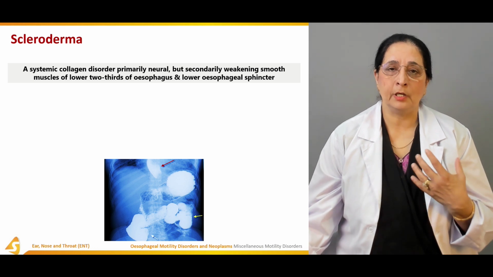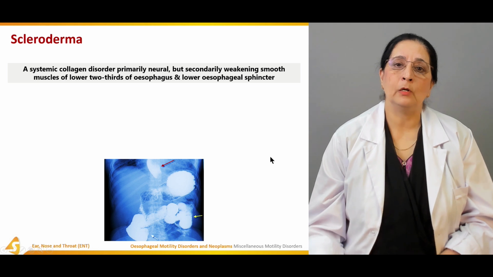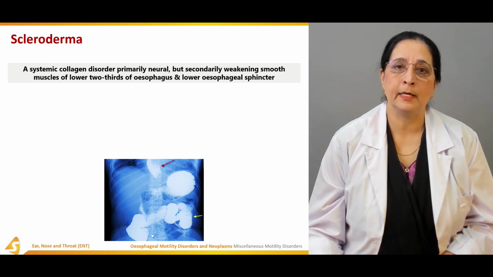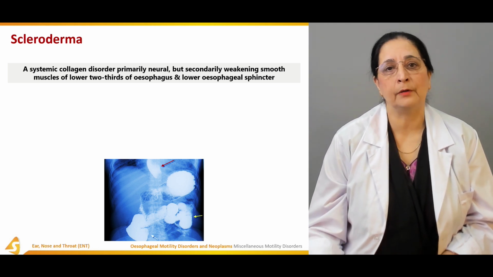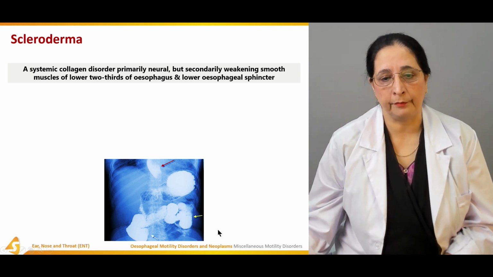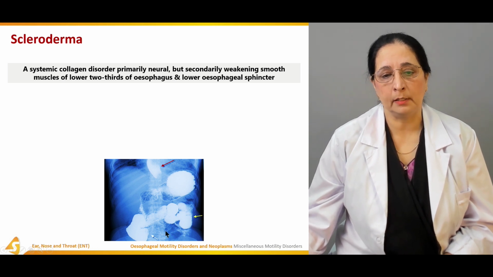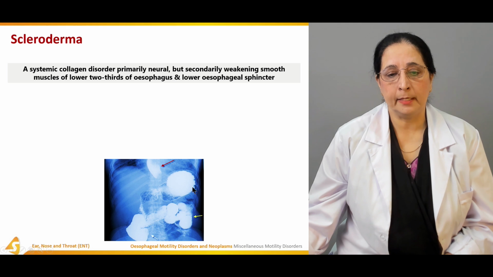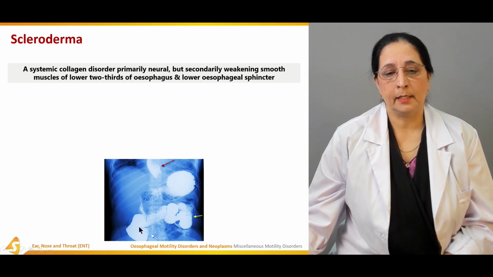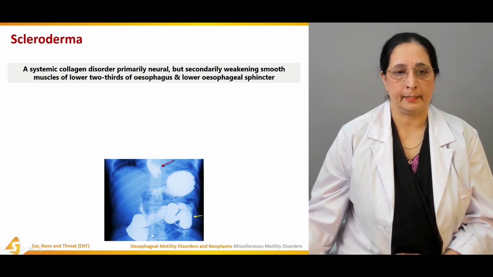So scleroderma is a systemic disorder, and it can also involve the esophagus by causing weakening of the muscle of the lower esophagus and lower esophageal sphincter. That's the picture we can get on the barium swallow, that there is again a disorder of the lower esophagus.